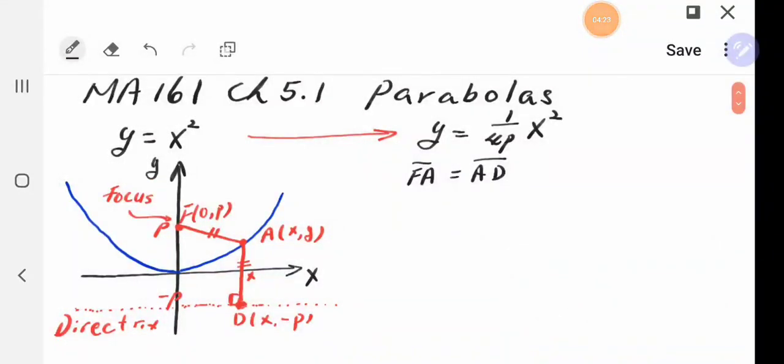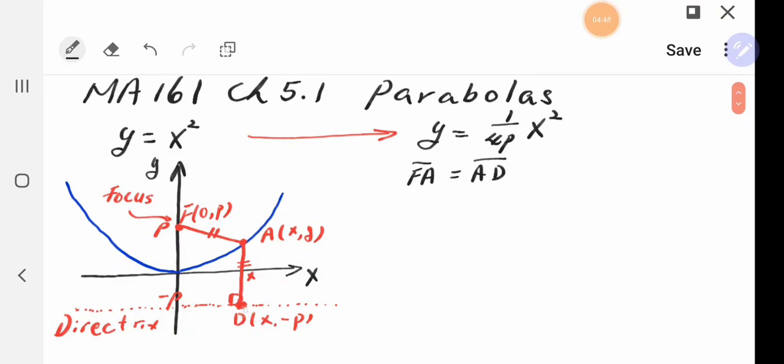I just redrew the graph so that it's more reasonable. Here's a parabola. The curve is the parabola, and it is the set of all the points such that the length between the two points F and A is the same as the length between the points A and D. So this is the directrix.